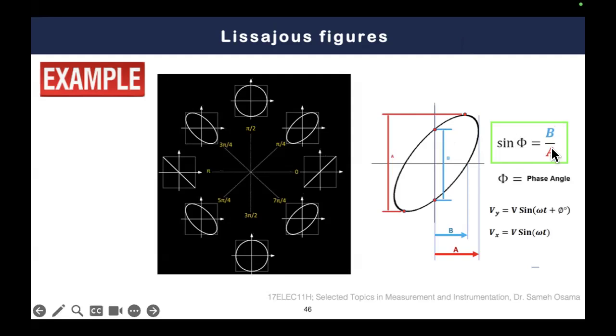So by dividing B over A, you can determine the phase angle between the X signal and the Y signal. So generally, for any signal or for any value, you can determine the phase shift between the X signal and Y signal using this Lissajous figure.